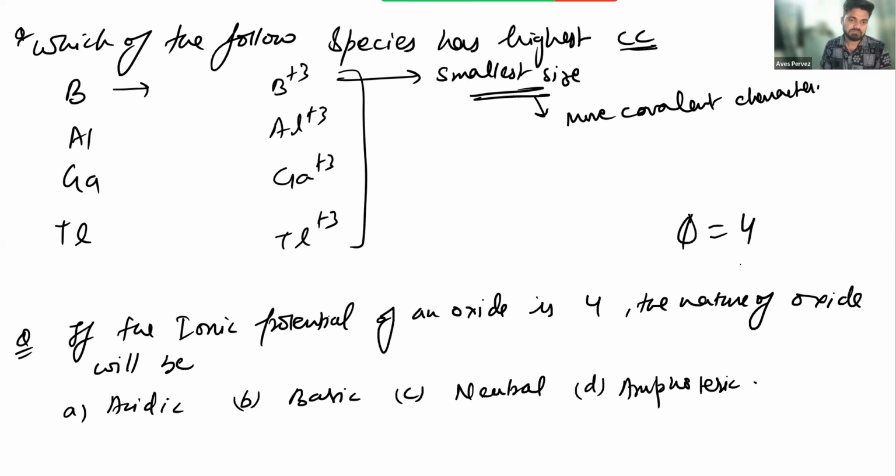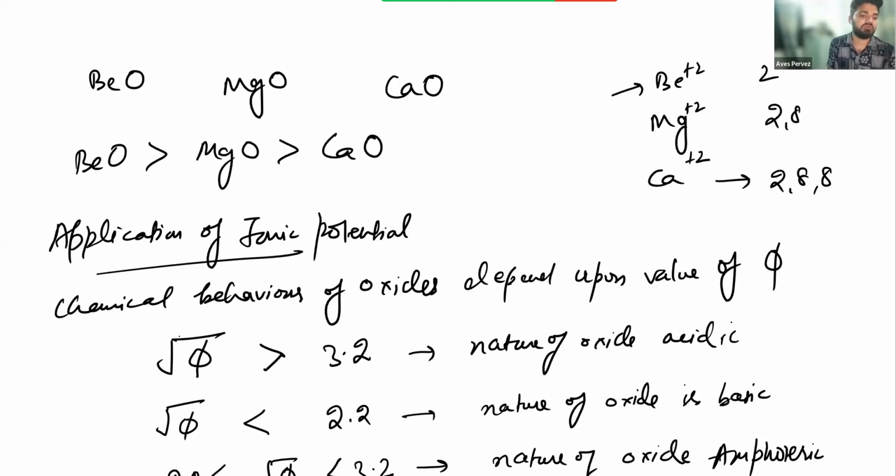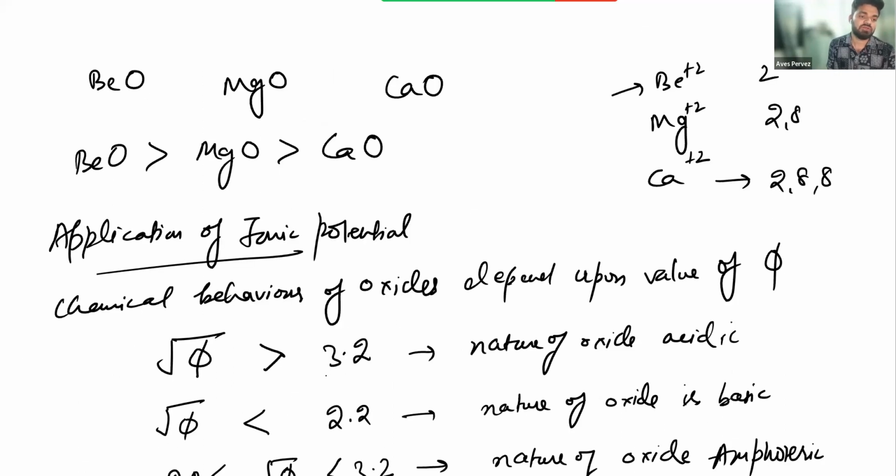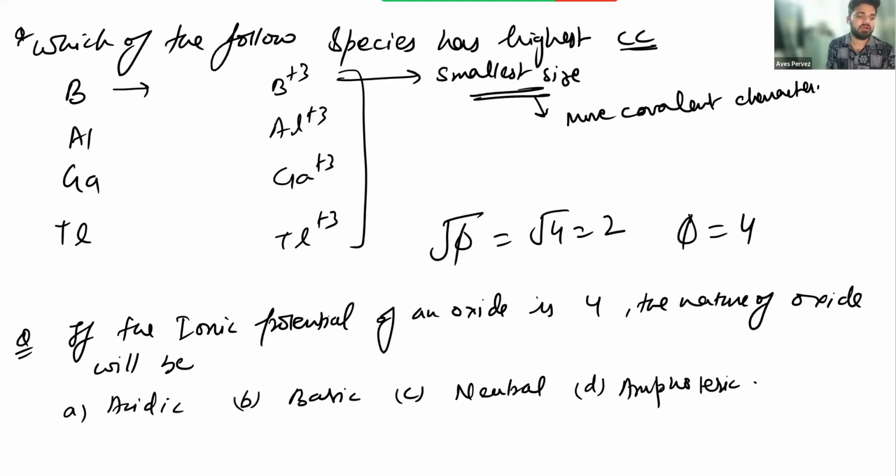Because it's more than 3.2. No, that was written under root phi. So if phi is 4, then the value of under root phi is 2. And 2 means less than 2.2, so it is basic in nature. Okay, understood?